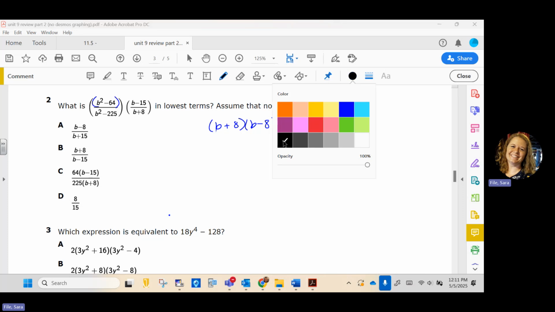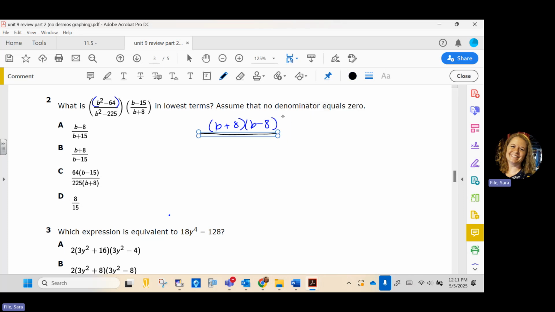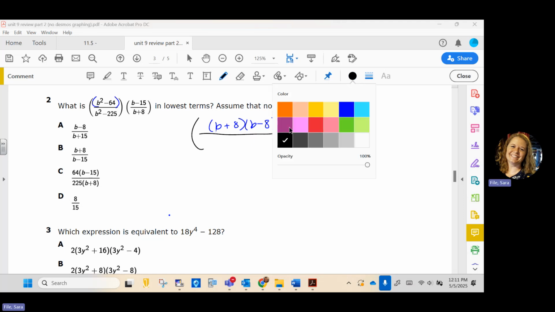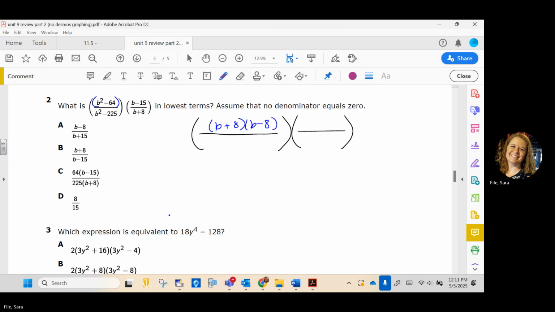And then I'm going to try to factor the denominator over here. 225 is also a perfect square. And remember, you've got that purple reference sheet I gave you with all the perfect squares and perfect cubes.